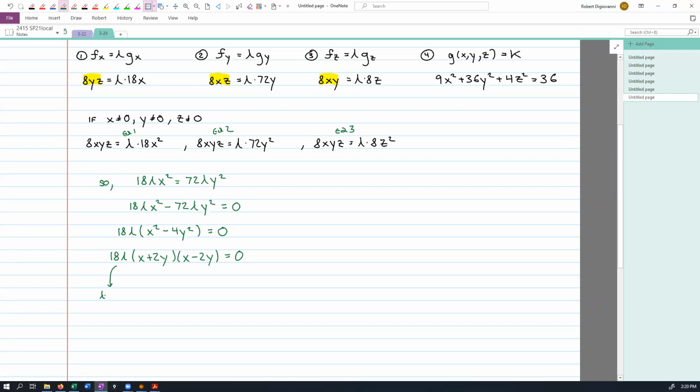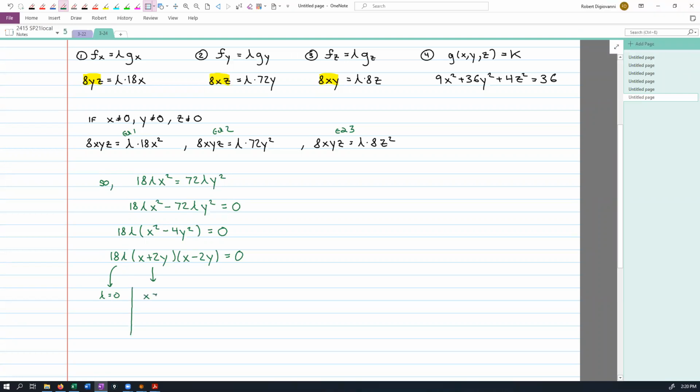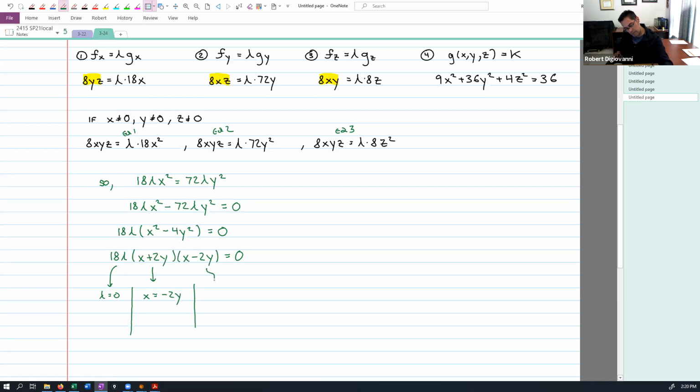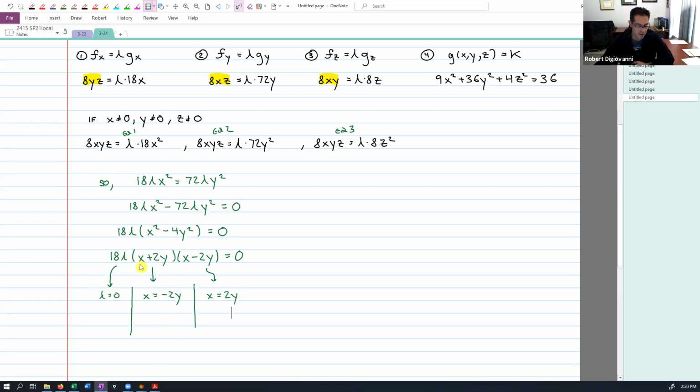Lambda is 0. Okay. What does this tell you? x is equal to negative 2y. Okay. And then this last one? x is positive 2y. Right. So if you just set this equal to 0 and then move the 2y over, set this equal to 0, move the negative 2y over, and you get these, right?